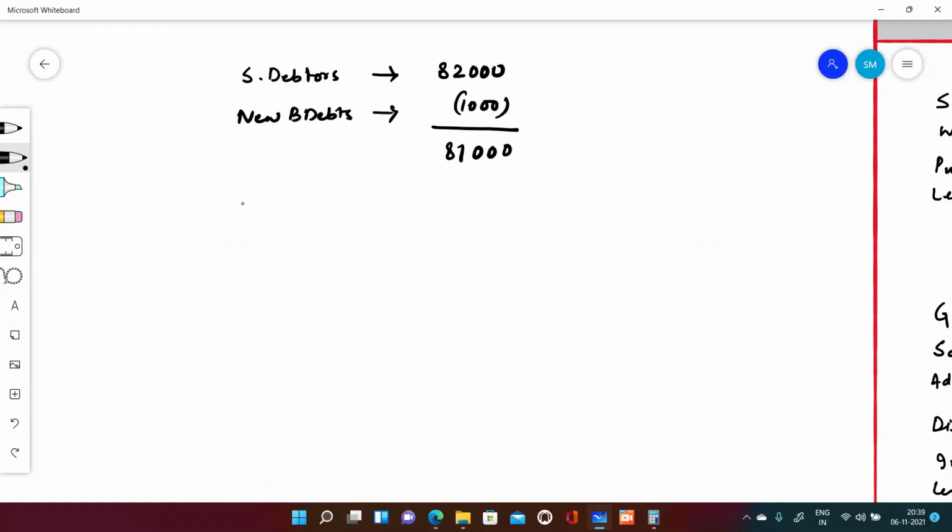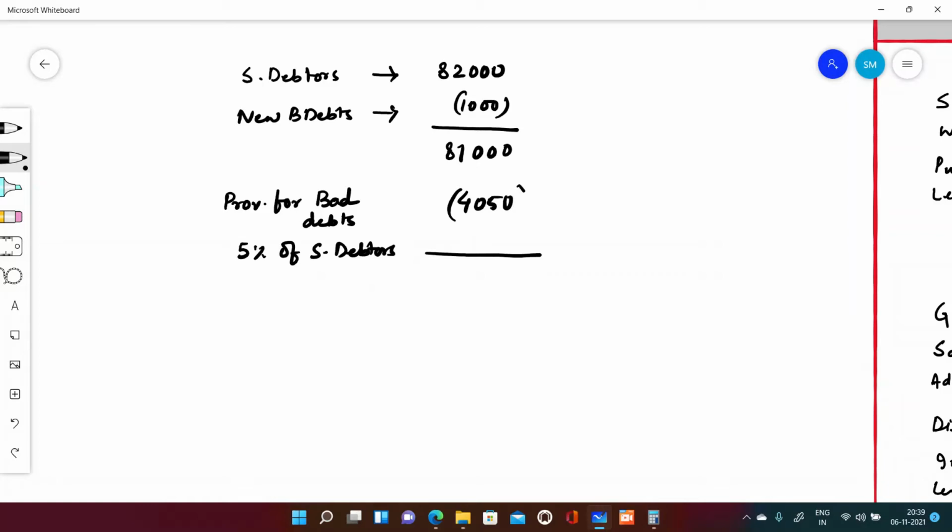Now you have to create provision for bad debts. So provision for bad debts is your 5% of sundry debtors. So now sundry debtors standing is 81,000. So 5% of 81,000 is your 4050.